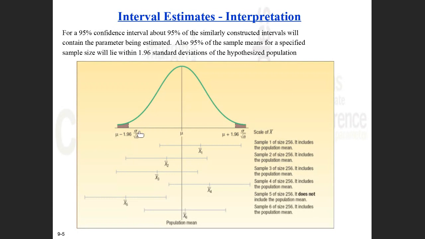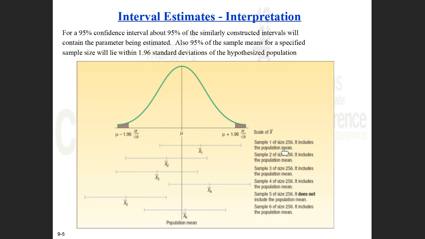Okay? This is the area where the little finger is. It's not grayed out. Okay? That is the 95% confidence interval. Okay? Mu, that's the mean. Okay? 1.96 is the standard deviation.